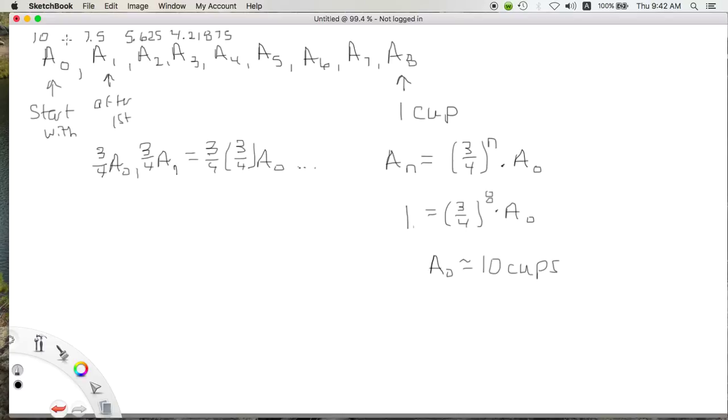I'm running out of room here. So then the A4 person is going to have 3.164, and then the 5th person 2.373, and this is how much is left each time.